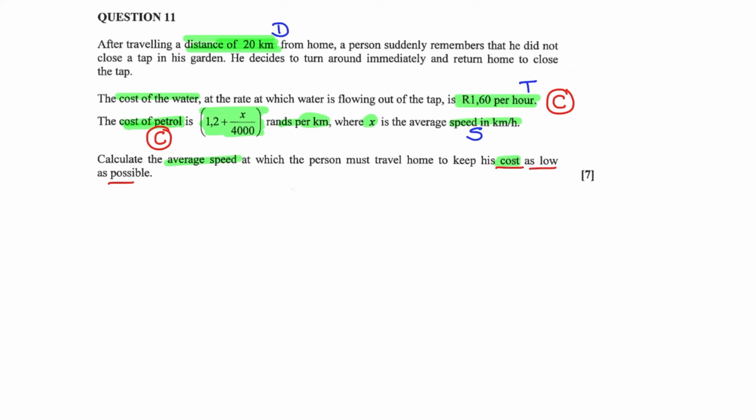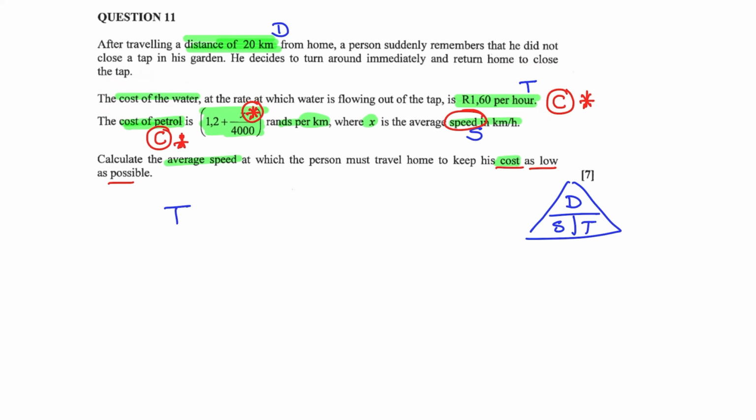Using that information, I'll use the distance equals speed times time triangle. This will help me to write down the cost of water and petrol in terms of x, which is speed. Let's start with the cost of water. We need the t in terms of x.